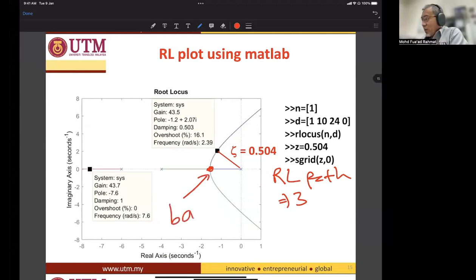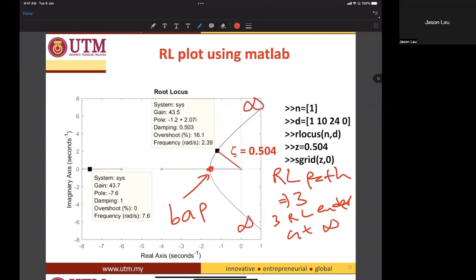Breakaway or break-in? There will be a breakaway. And the three root loci end at infinity. Okay.